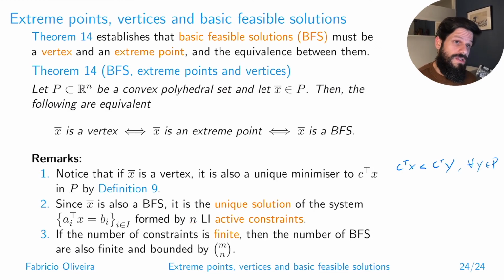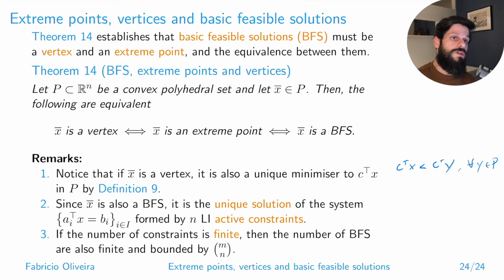The trick is, how do I find the correct set of n active constraints? That's going to be the trick. From all my constraints, find those n that are going to be active, that provide me that vertex x, which is the optimal point. That's the search. That's the challenge we're going to be looking into.